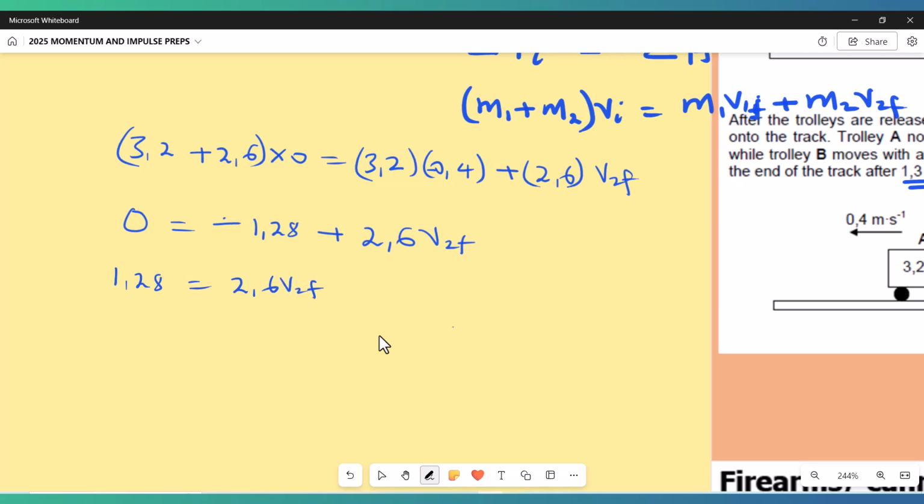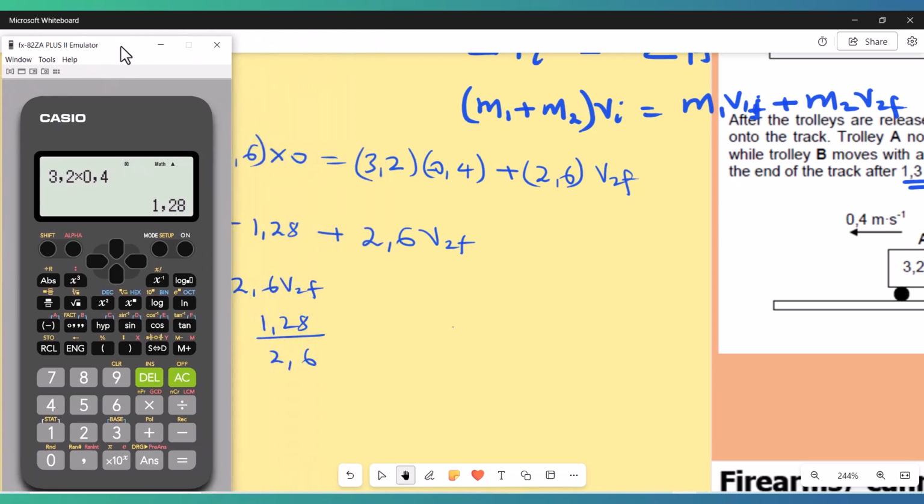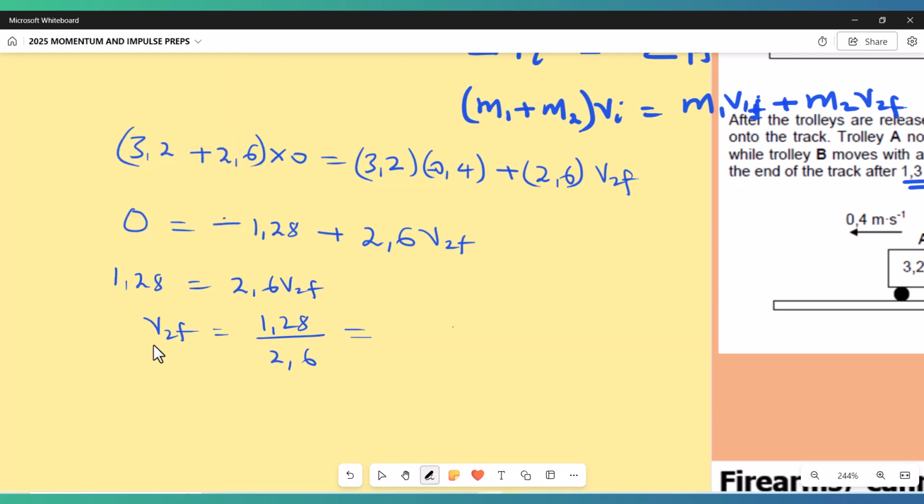Divide by 2,6 to get V2 final. 1,28 divided by 2,6 gives us 0,49. Now this is the speed.